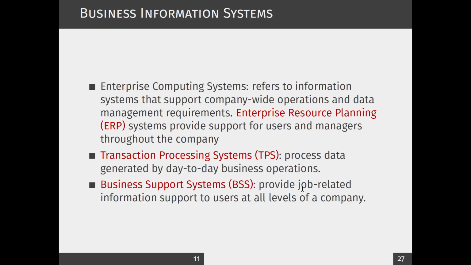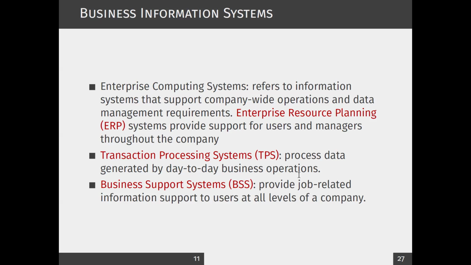Then we have to have business information systems. Any organization will use different information systems to keep their information. The first is what we call the enterprise computer system, which is quite large and helps the whole organization.